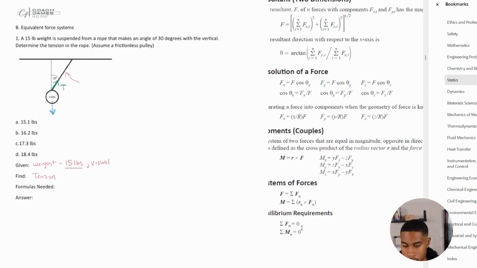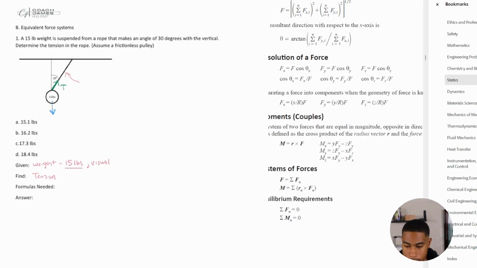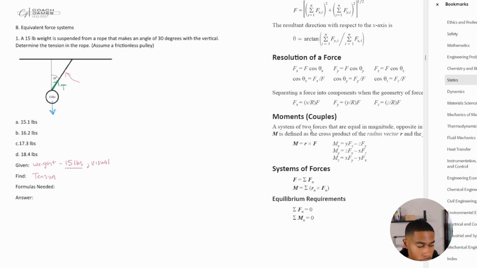One of the key equations for us is that the sum of the forces within a certain group is always going to be equal to 0. Basically that says that if you have a force going down, there's going to be an equal and opposite force going up.